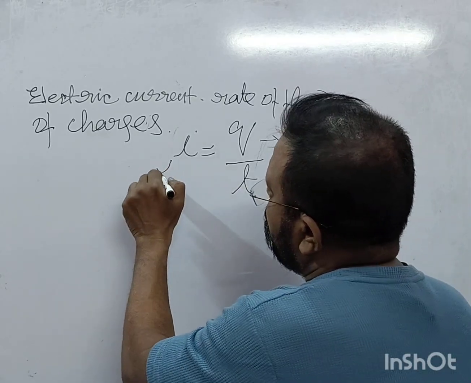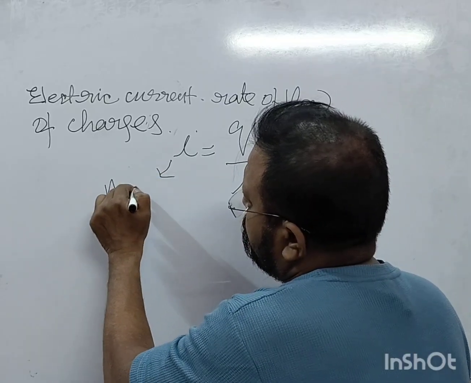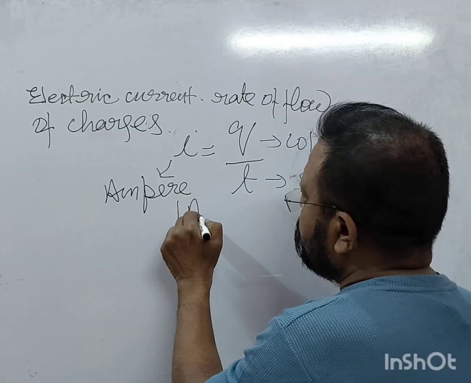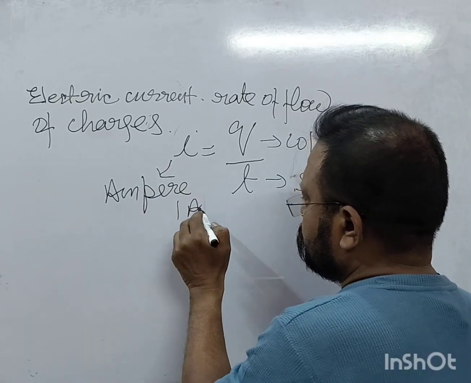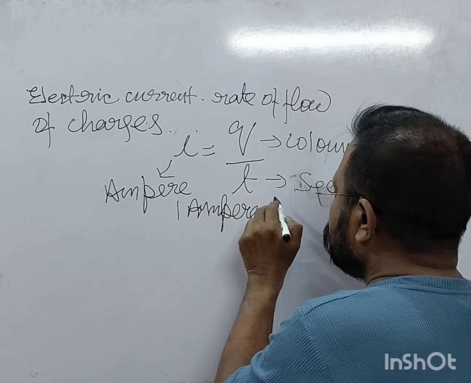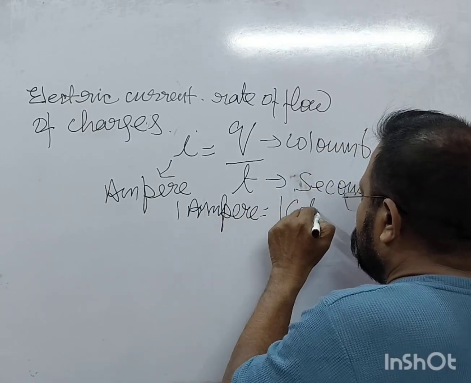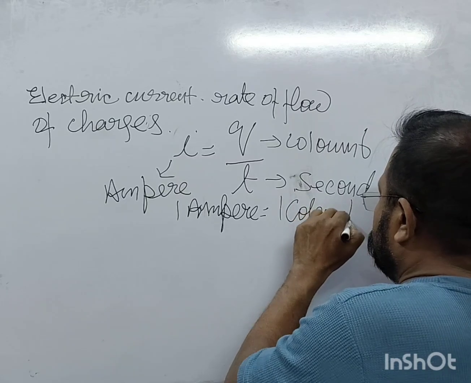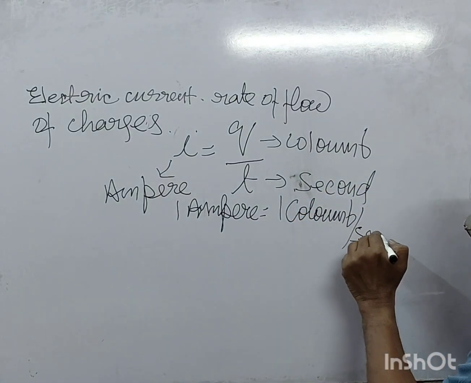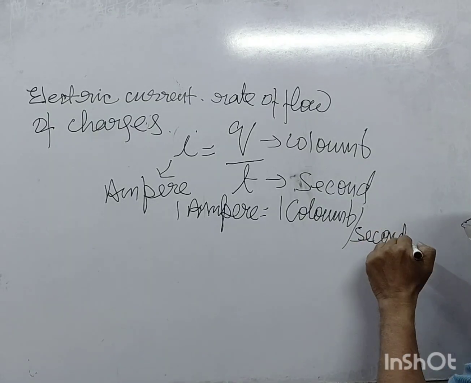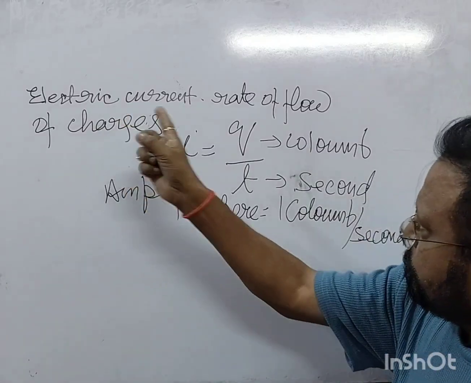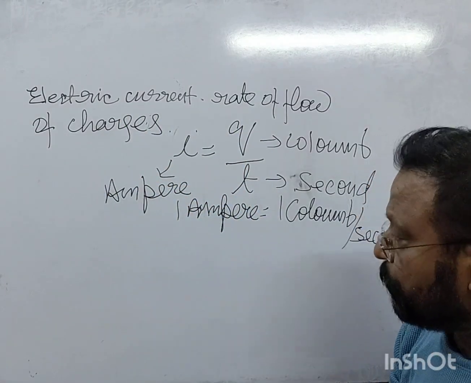So 1 ampere is equal to 1 coulomb per second, right?